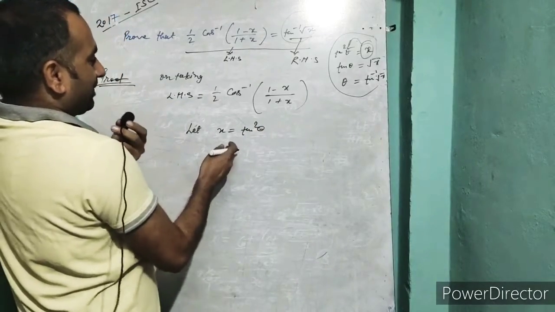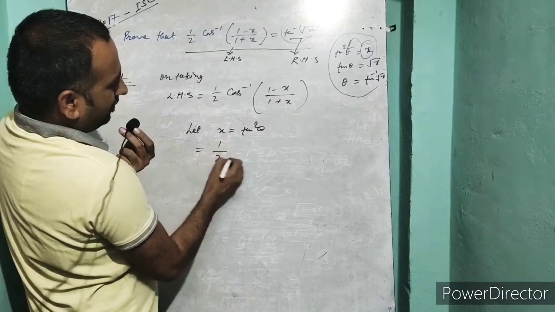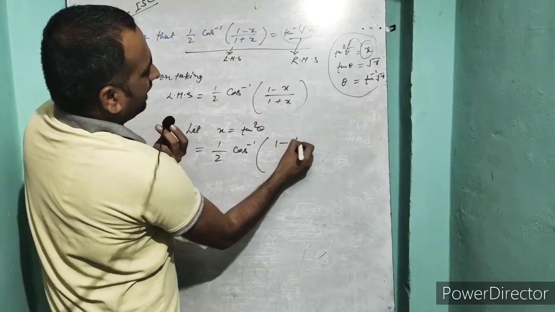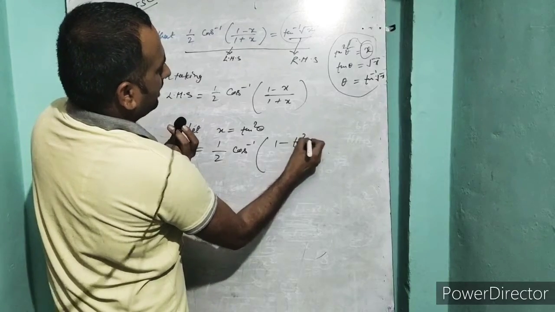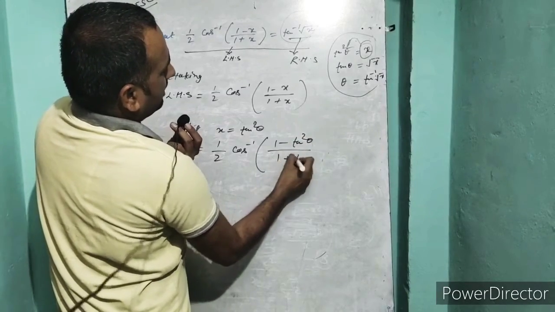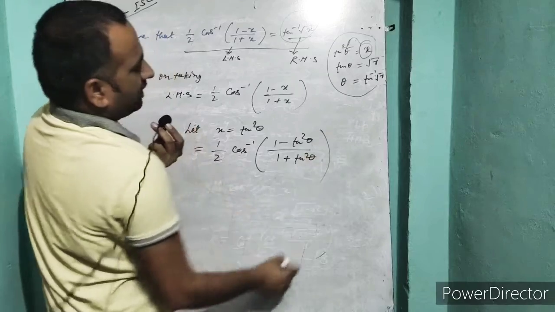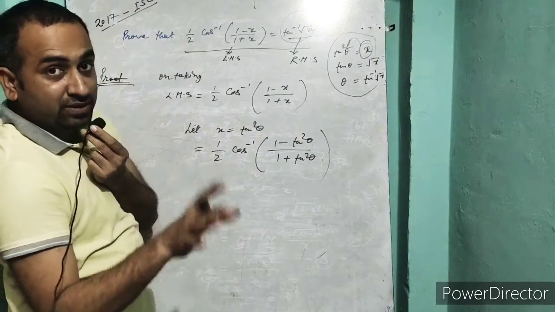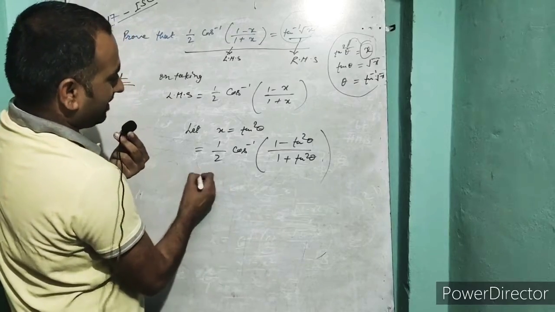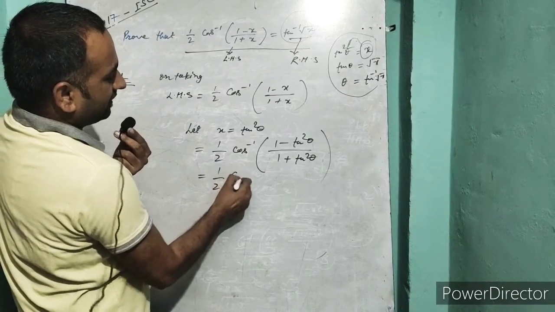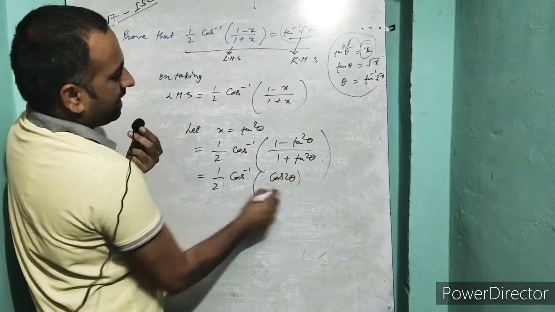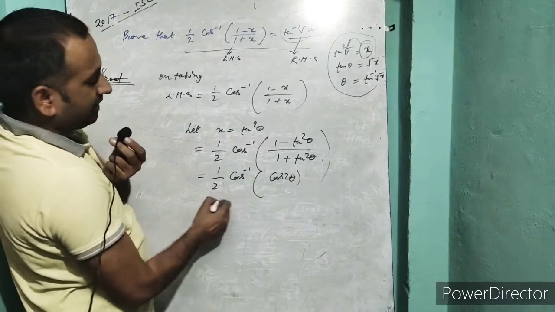So it is 1 upon 2 cos inverse of 1 minus tan square theta upon 1 plus tan square theta. See the concept: 1 minus tan square theta upon 1 plus tan square theta is cos 2 theta. So it's 1 upon 2 cos inverse of cos 2 theta.